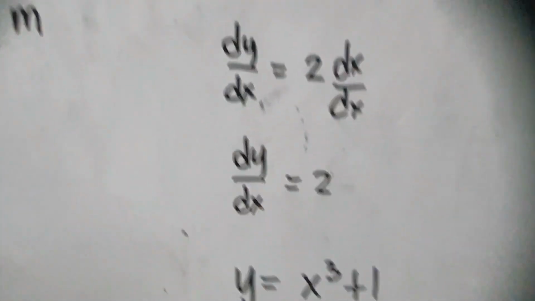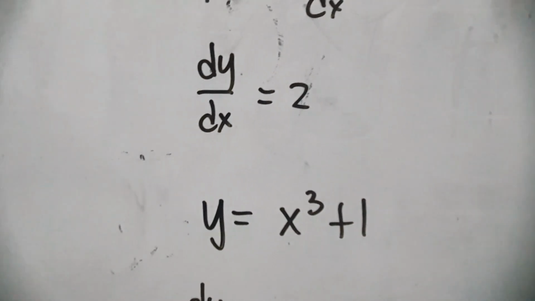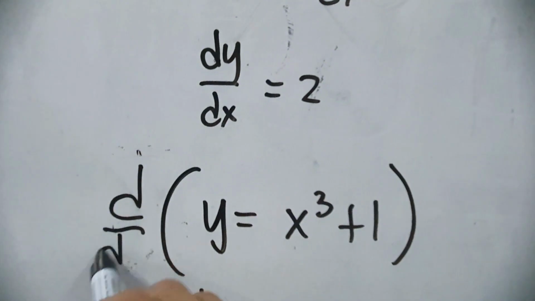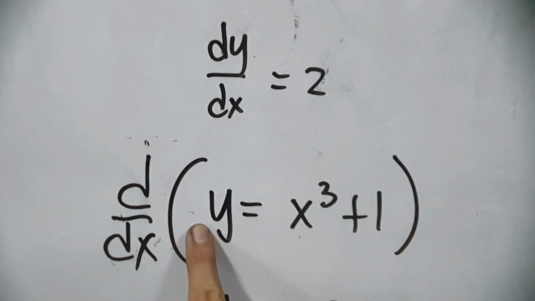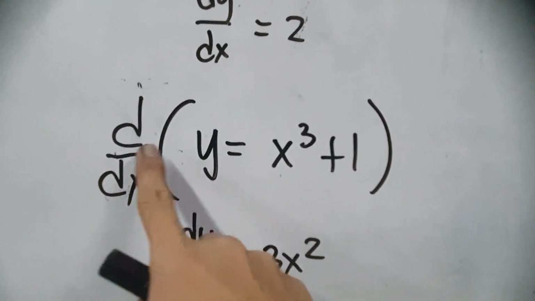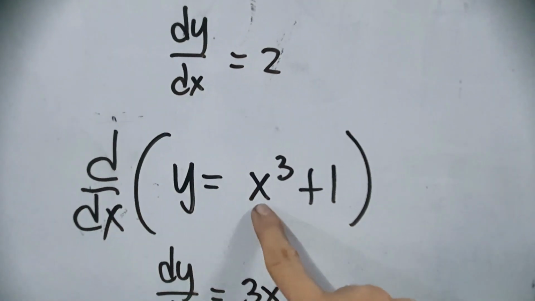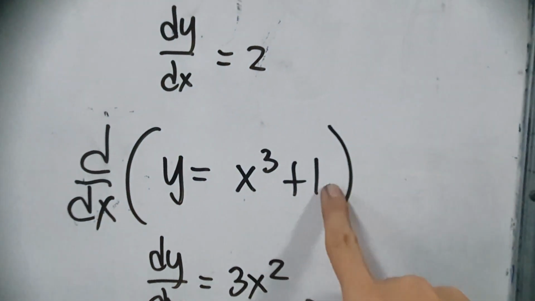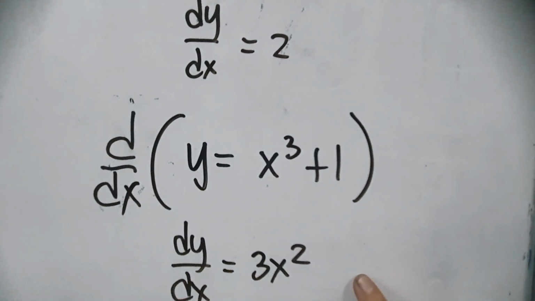Furthermore, if we have this equation, y equals x cubed plus 1, simply applying the derivative operation to this one, the derivative of this side of the equation, dy over dx, will become dy over dx. The derivative of x cubed plus 1 with respect to x, since this one is agreeing, so this is the power rule, 3x squared. The derivative of 1 is 0, so that is why we no longer write 0 right here.